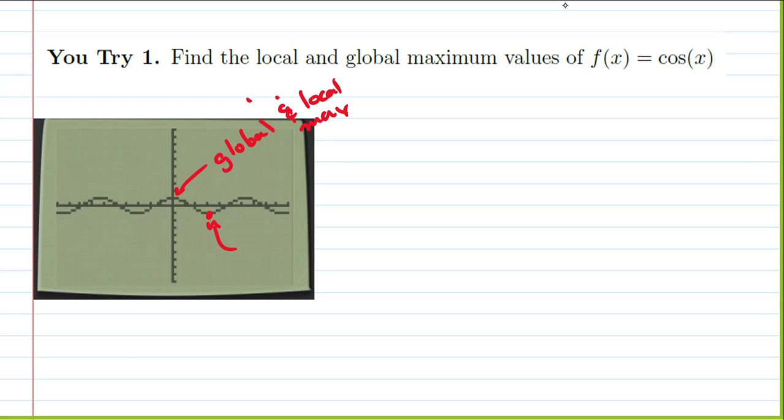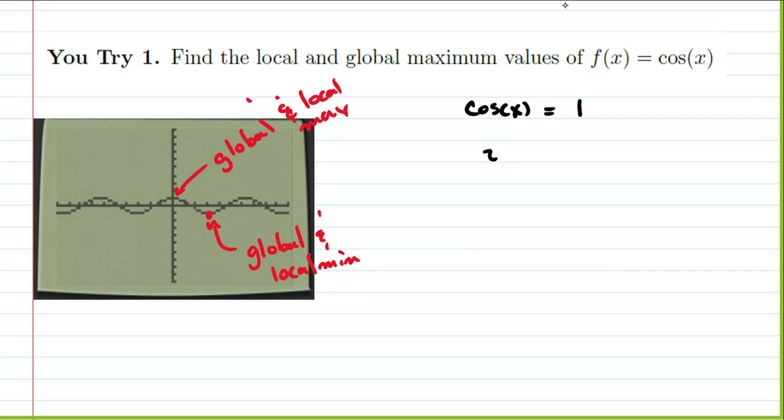And we're going to have our global and local min. So we know we can find these by setting it equal to those values. So cosine x, we want to know, when does it equal 1?